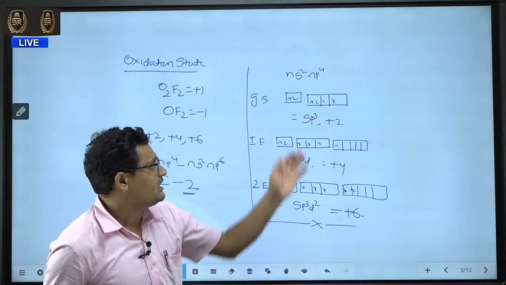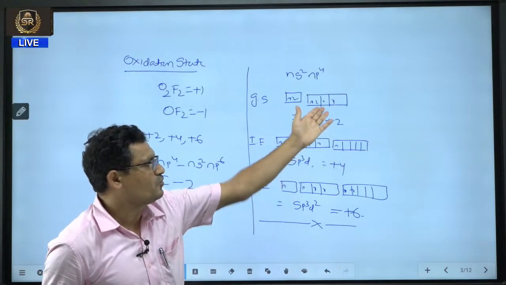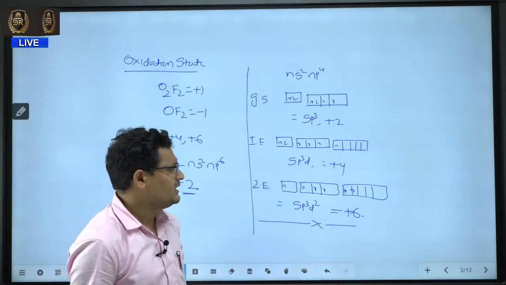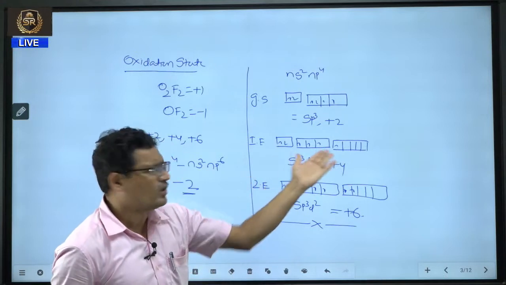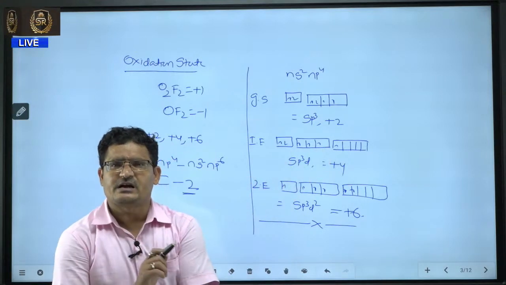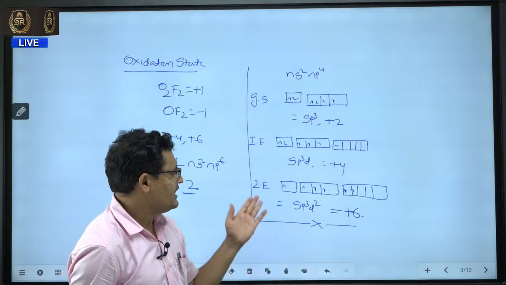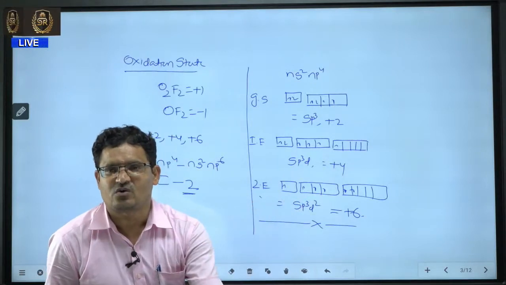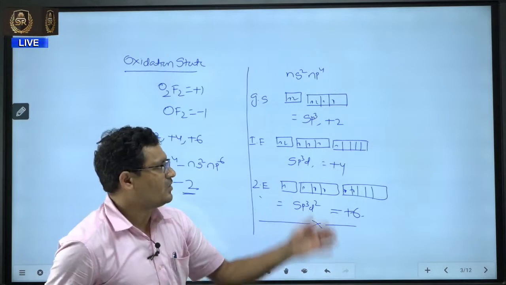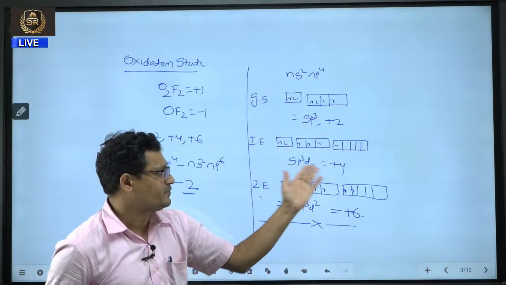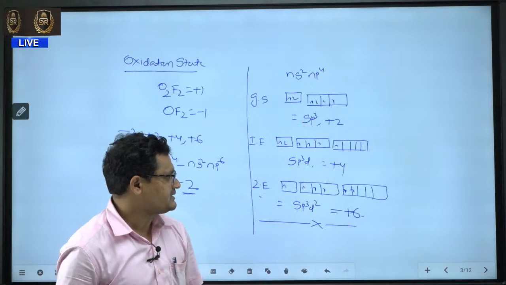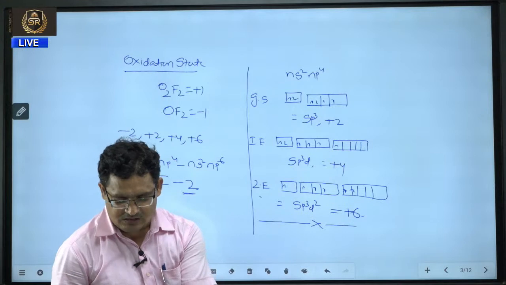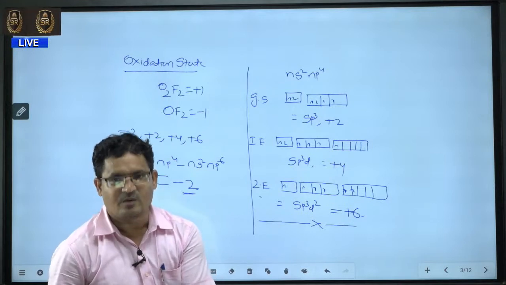In the ground state, only 2 unpaired electrons are there, so that is +2. In the first excitation state, 4 unpaired electrons, so it undergoes +4. In the second excitation state, 6 unpaired electrons, so it undergoes +6. In the case of +2 it is sp3, +4 is sp3d, +6 is sp3d2. So these are the oxidation states of these compounds.